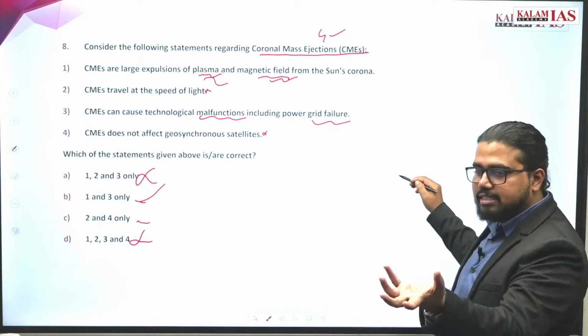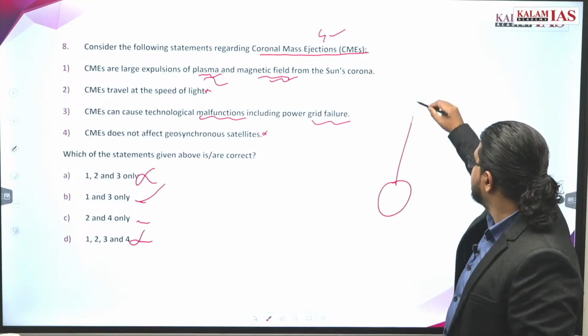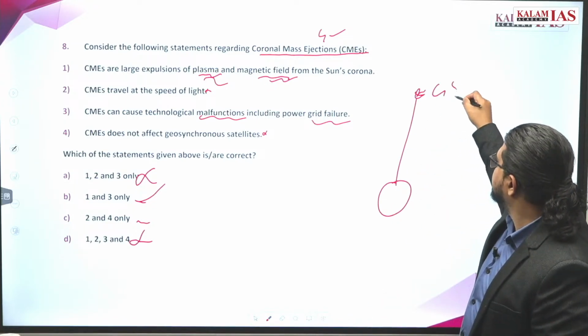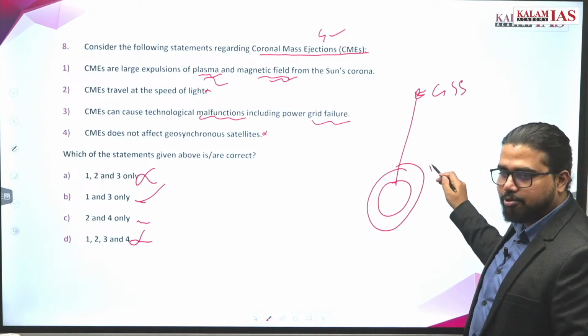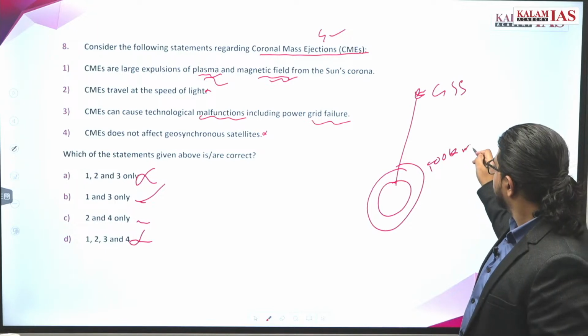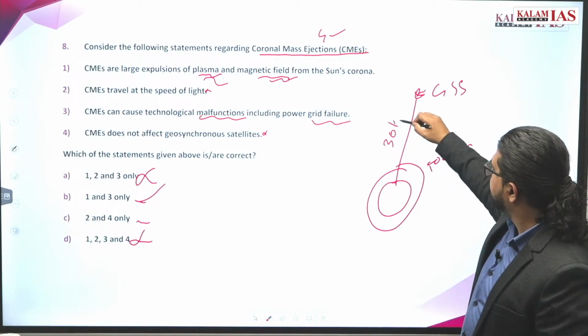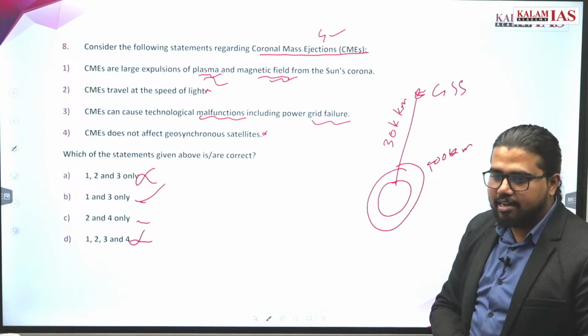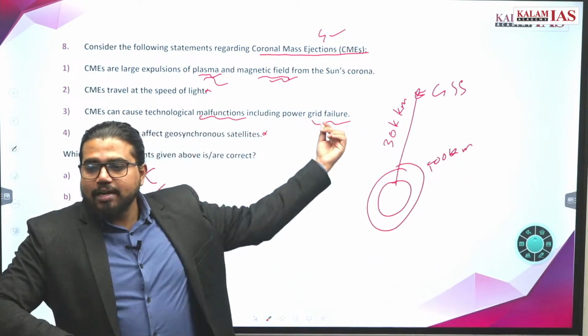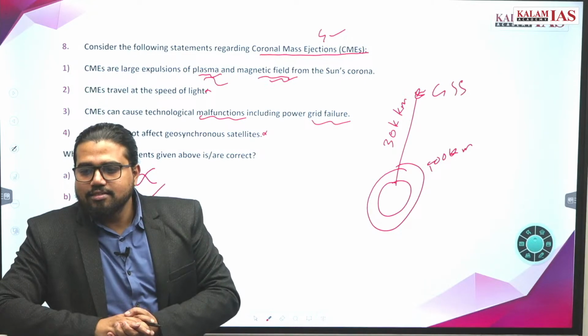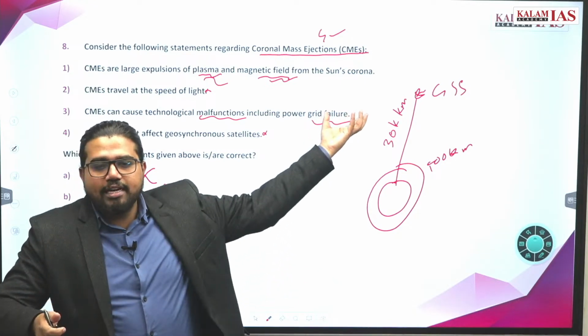Around 35, 36, 37,000 kilometers. So Earth is there, and it is at a very great height. Now we have polar satellites around 400 kilometers. This will be like 36,000 kilometers. Very high. Now why are you saying that if some plasma is coming at you, it is not affected? There is no possibility it is not getting affected.